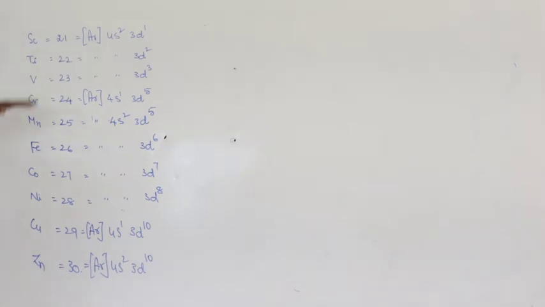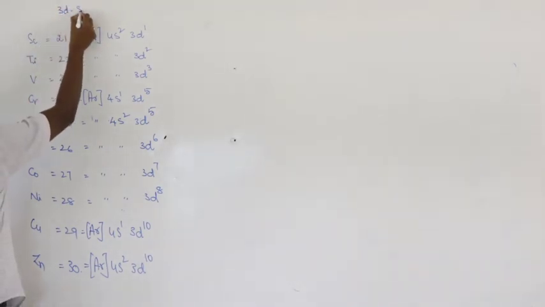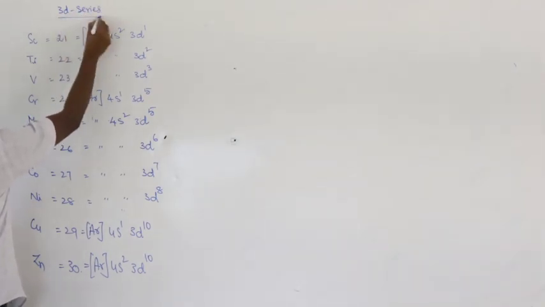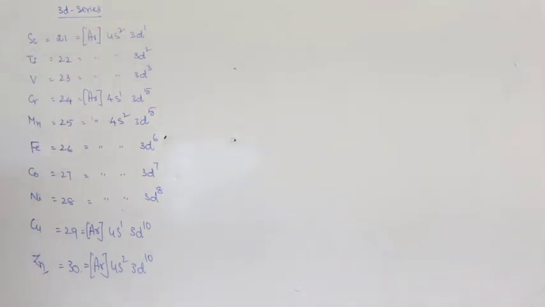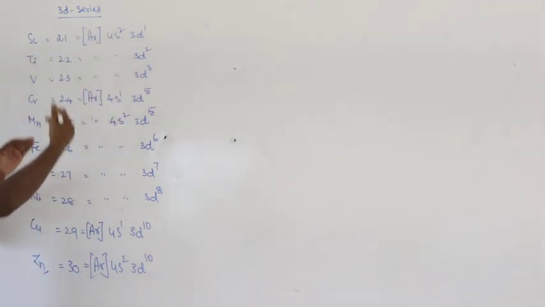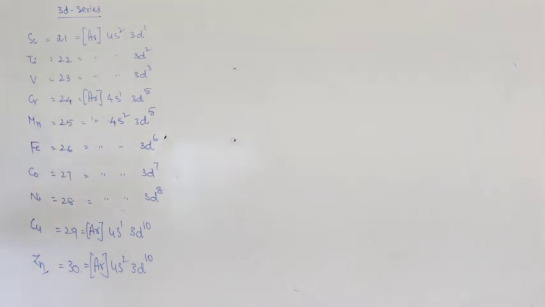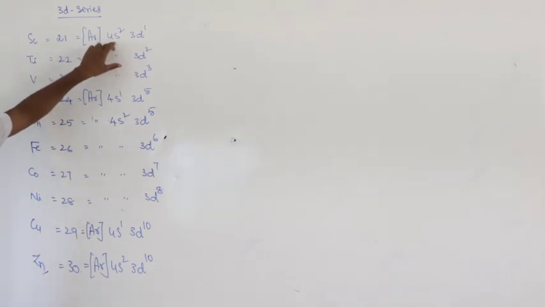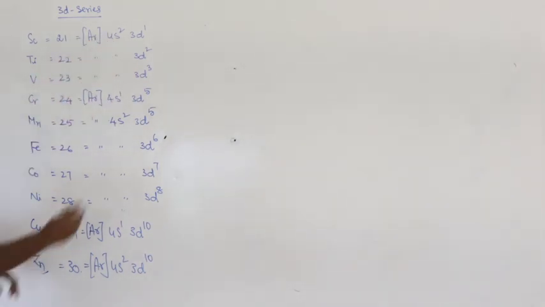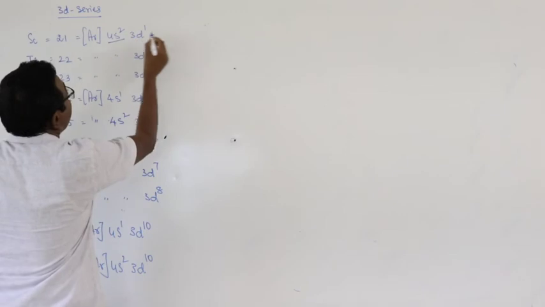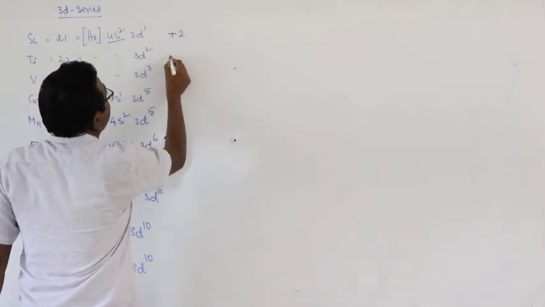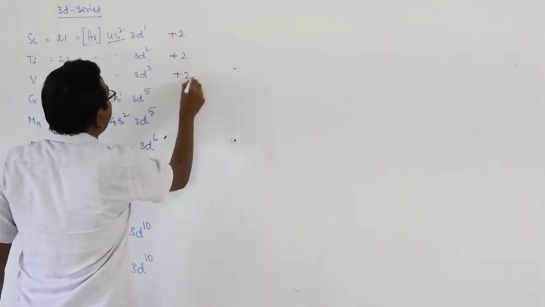This is about the electronic configuration of the elements of 3d series, means from scandium to zinc, atomic numbers and electronic configurations. And here transition elements or d block elements exhibit the general oxidation state +2, that is due to loss of outermost s electrons. Here, by the loss of outermost s electrons, they exhibit the oxidation state +2.